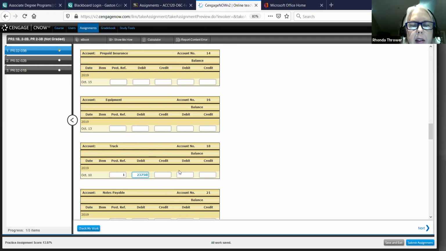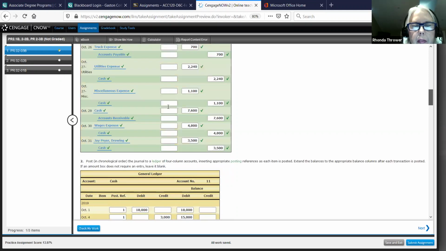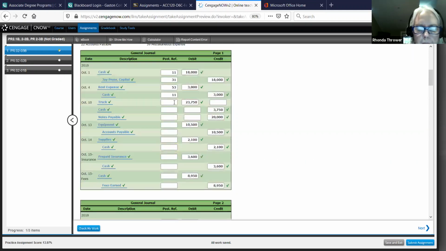The balance in the truck account now is $23,750. I pick up the account number 18, and I put it into the post reference.